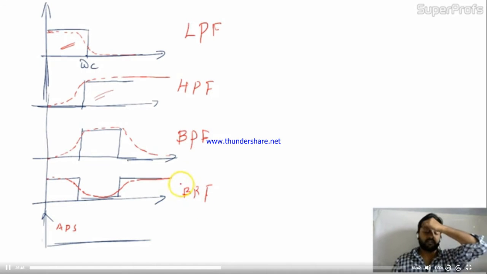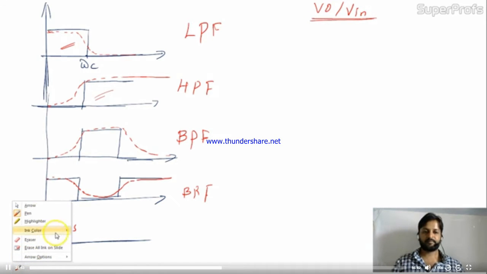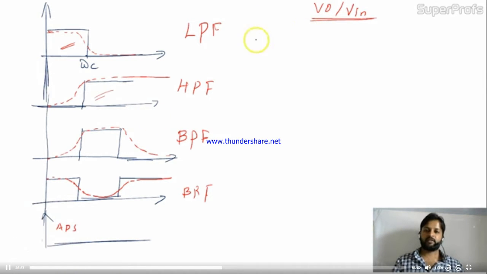Okay friends. Now if we see the relation V0 by V in, what will it be for LPF? The transfer function for LPF should be K divided by 1 plus S tau. Definitely it should be like this only.